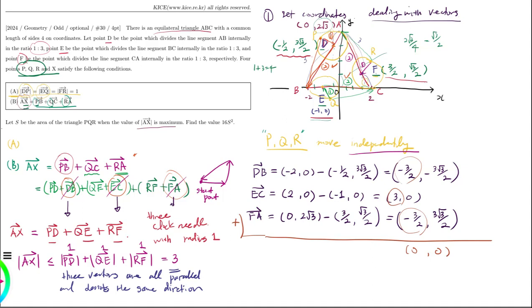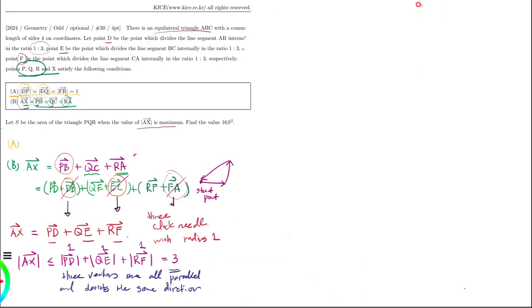For instance, they can be like this, same direction, or they can be like this, or like this. You have infinitely many cases. They can be like this, and so on. So choose the simple one. I'm going to choose this case here.